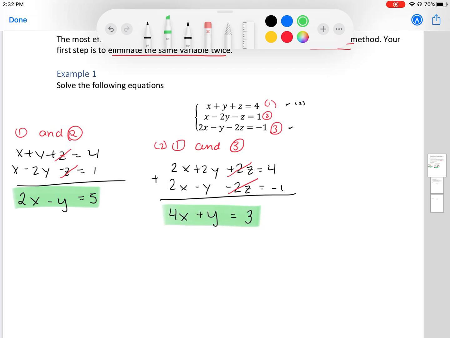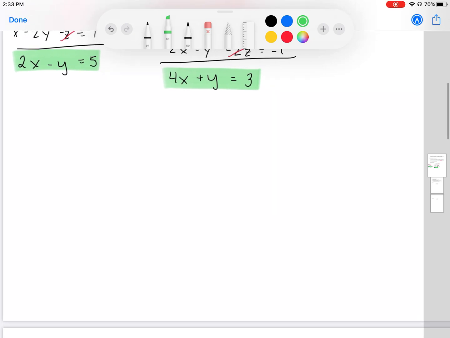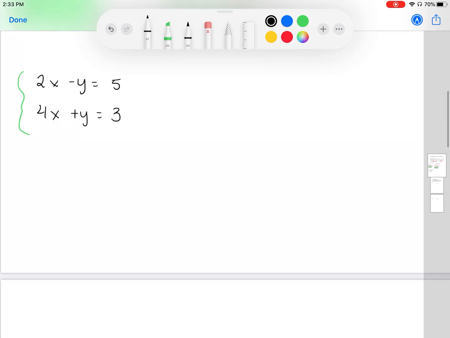For a moment, we're going to forget that we had three variables and only work with those two. So we have 2x minus y equals 5, and 4x plus y equals 3. Ignore everything before and solve that system of linear equations. You can do that. We just did that a couple sections ago. Let's add these two equations.